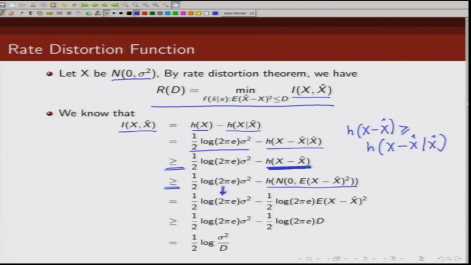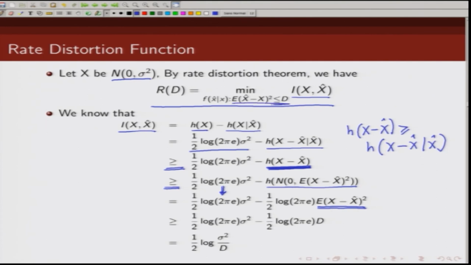So, that is given by half log 2 pi e times the variance, the expected value of X minus X hat whole square, that is this term. And what is this term?